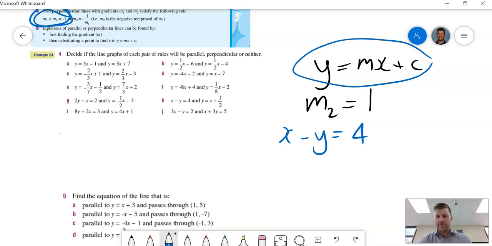I might be jumping the gun a little bit, so let's rearrange this equation first. Let's go ahead and take x from both sides.